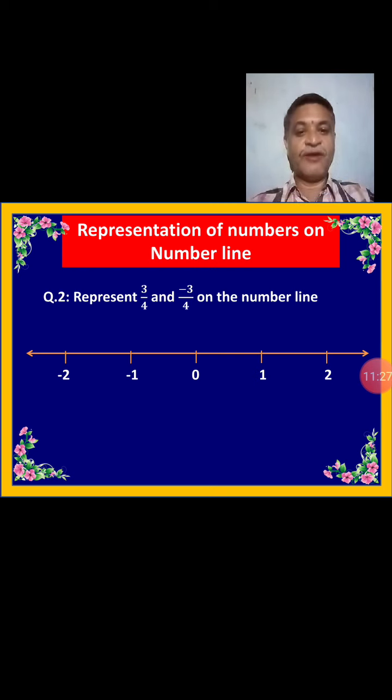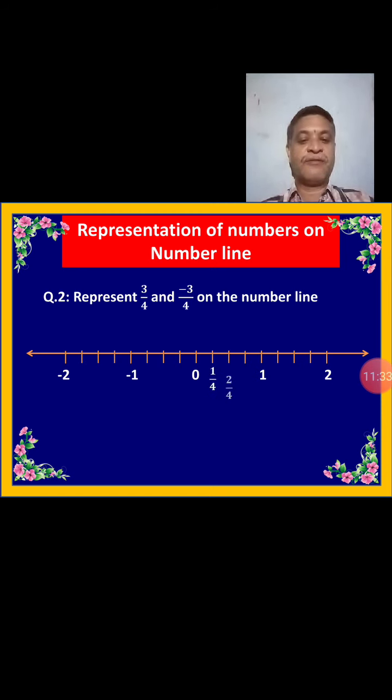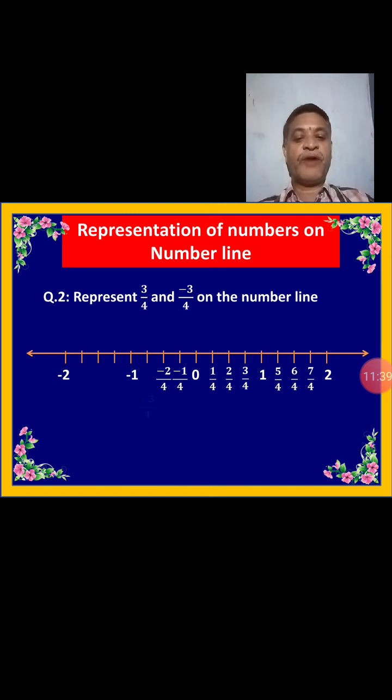Yes, you are right, 4 parts, because the denominator is 4. So divide each unit into 4 parts. You get 1 by 4, 2 by 4, 3 by 4, 4 by 4 is 1, 5 by 4, 6 by 4, 7 by 4. Similarly, minus 1 by 4, minus 2 by 4, minus 3 by 4, minus 4 by 4 is minus 1, minus 5 by 4, minus 6 by 4, minus 7 by 4, minus 8 by 4 is minus 2.